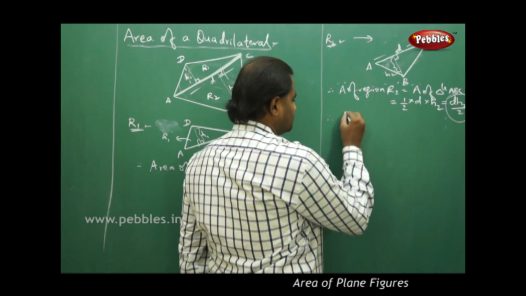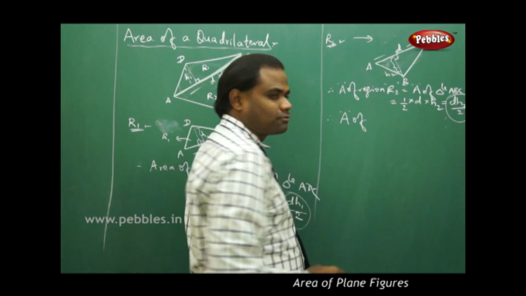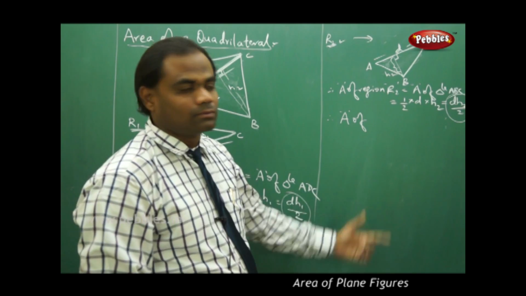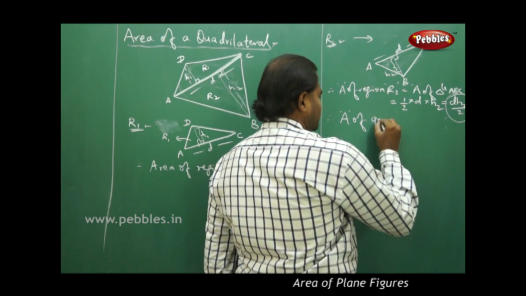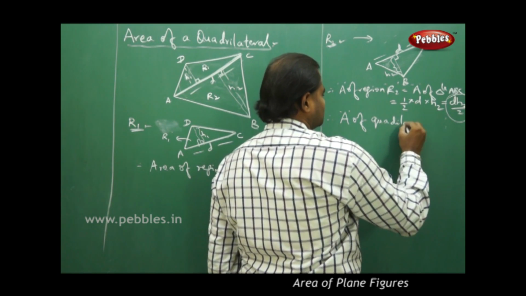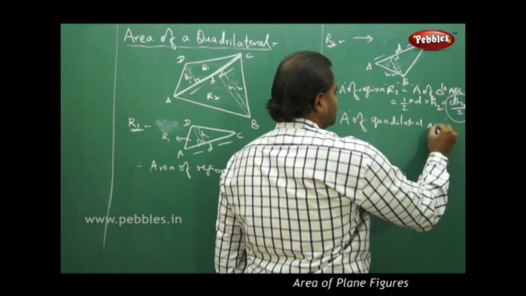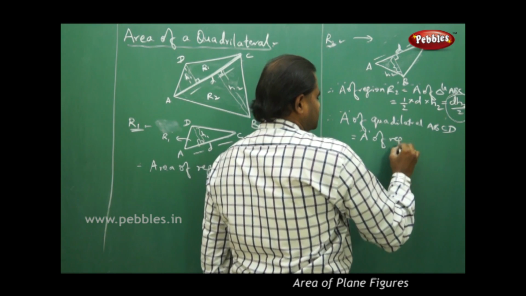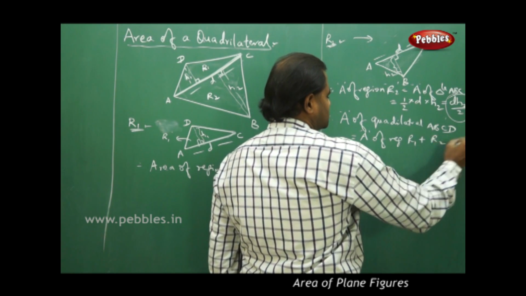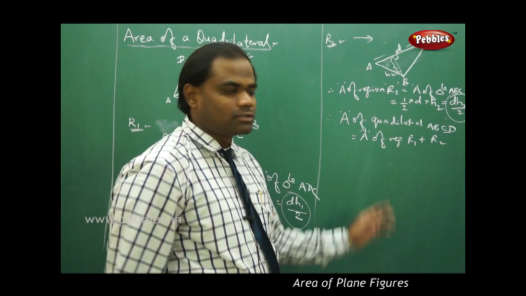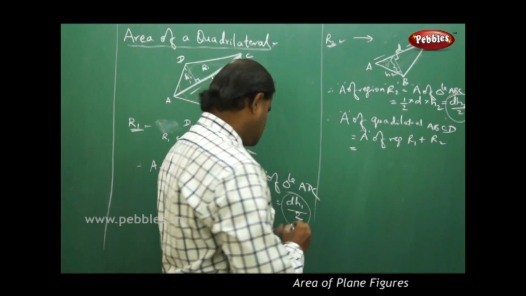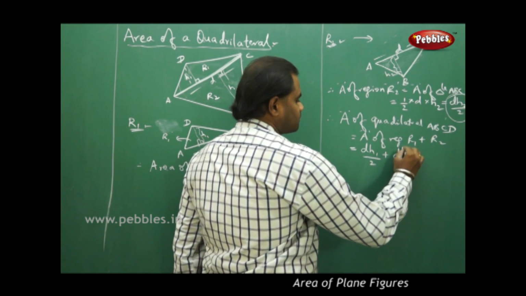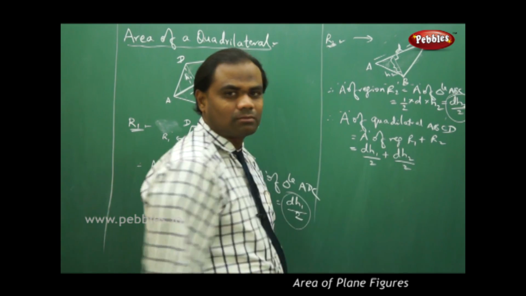Now, if I would like to find the area of the entire quadrilateral, I just sum up R1 and R2. So the area of quadrilateral ABCD is nothing but the area of region R1 plus region R2, which is already calculated as D H1 by 2 plus D H2 by 2.